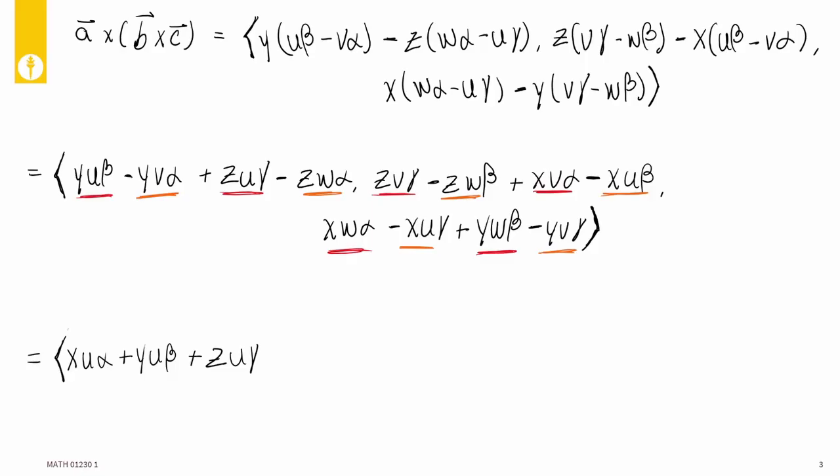I'm going to reorder my terms. I'm also going to add in the terms I need. In this case, I'm adding in that XU alpha for the first component. Now I've added 0. XU alpha minus XU alpha is 0. So I haven't changed anything.